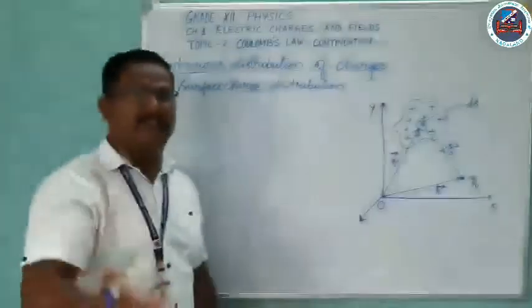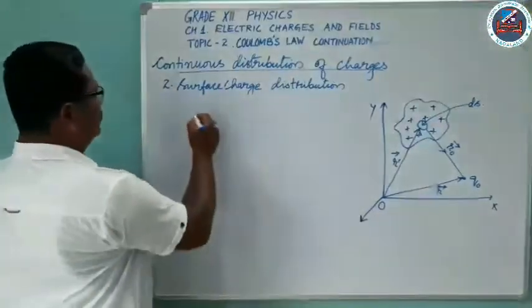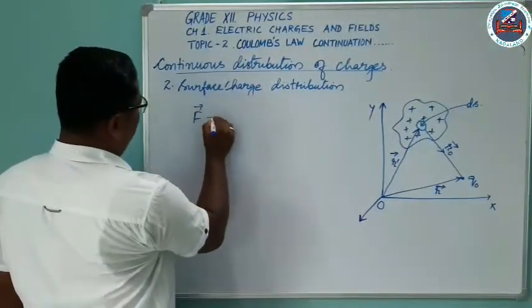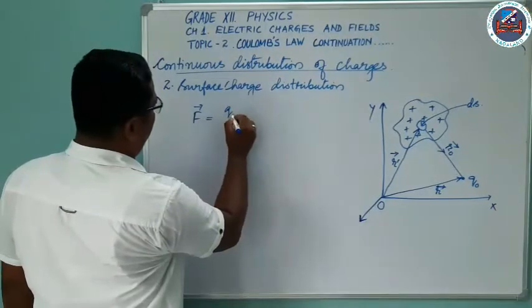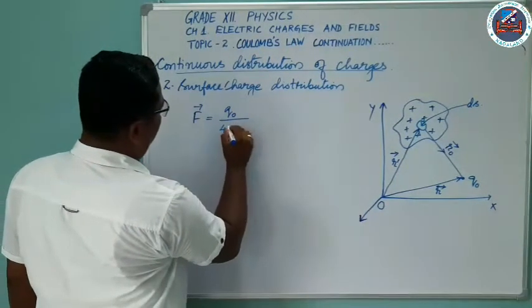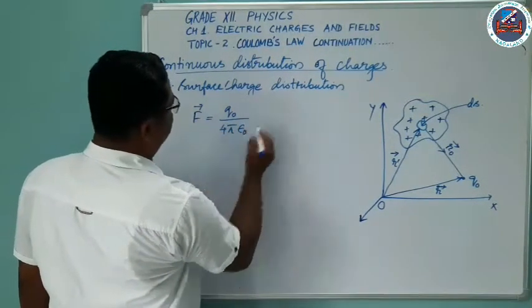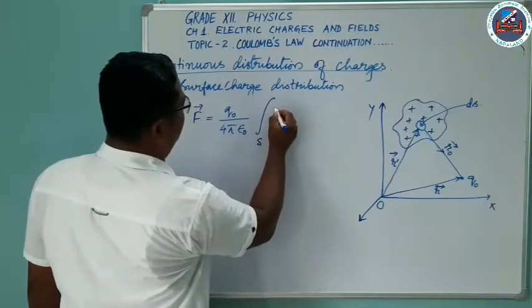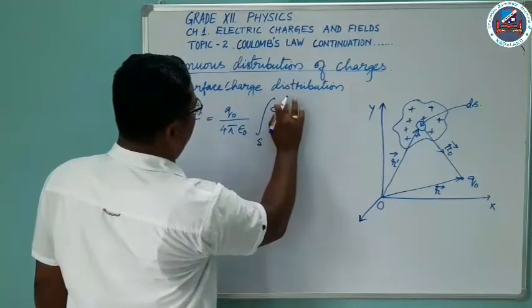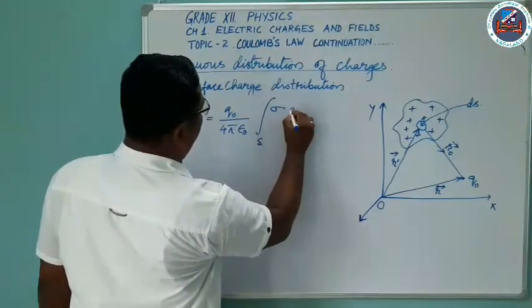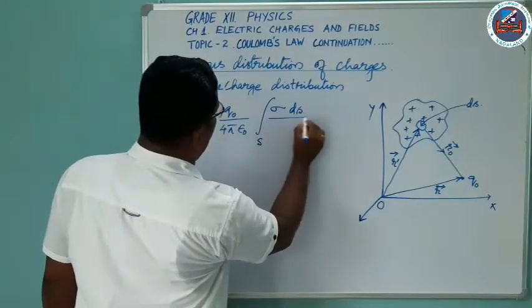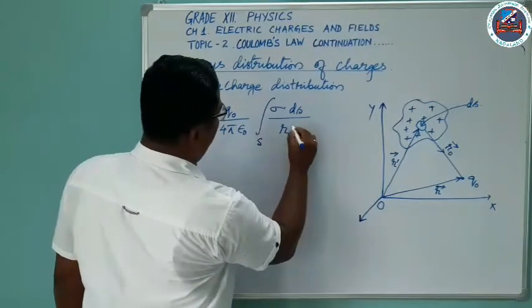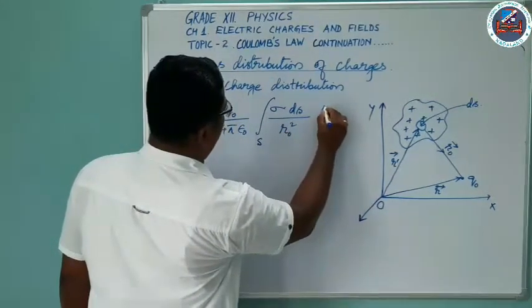In a plain sheet, the force experienced F can be written as Q0 divided by 4 pi epsilon naught, surface integration of sigma ds divided by r0 square, r0 cap.